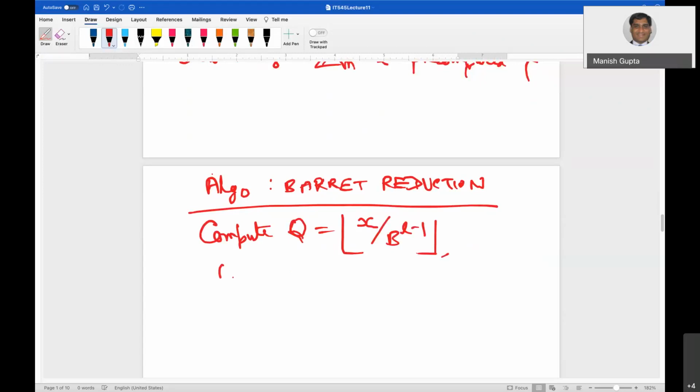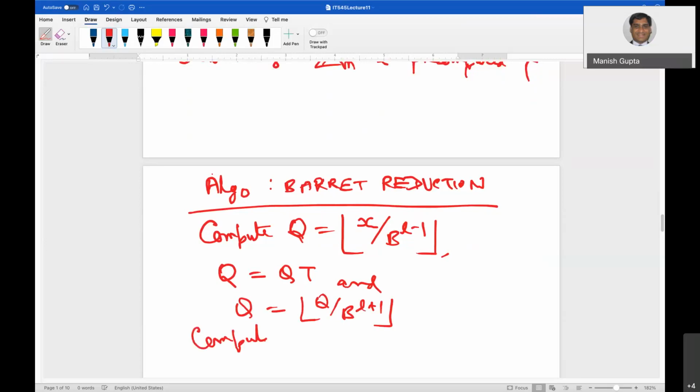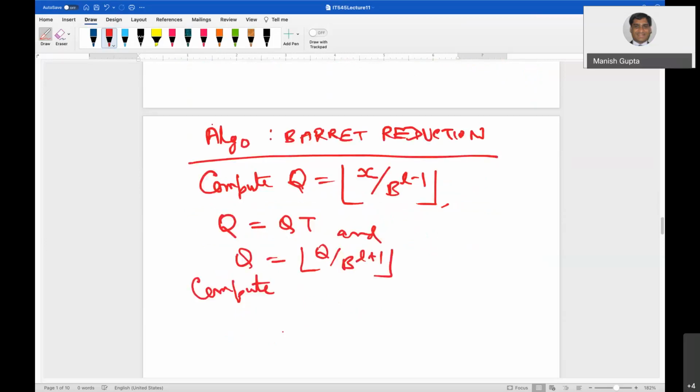You also compute q is equal to Q times T, divided by b raised to power l plus 1. Then you compute r as x minus q into m, modulo b raised to power l plus 1.